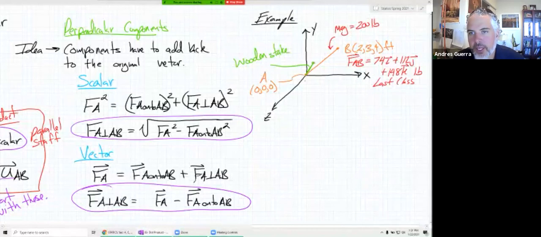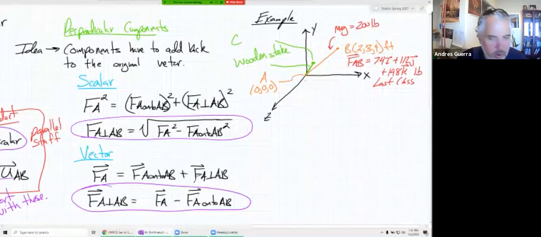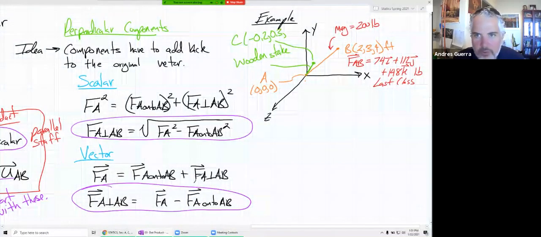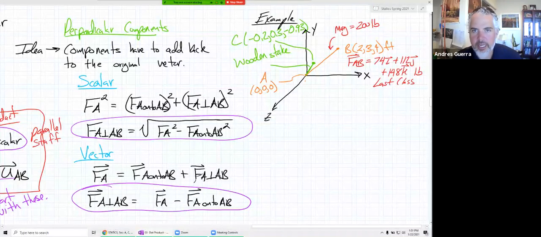Let's, for the sake of this example, call this point C right here. And that point C has coordinates, and to make this a little bit more like the homework, it has coordinates of negative 0.2 in the X, 0.3 in the Y, and negative 0.93 in the Z. So just like we were given the coordinates of A and B, let's assume we're given the coordinates of C right there.